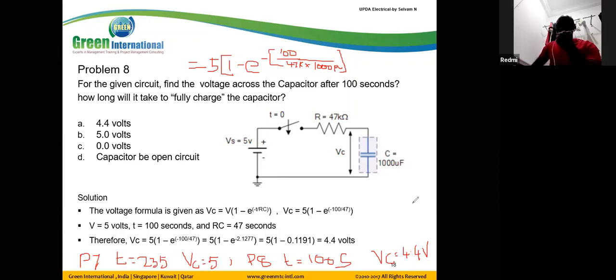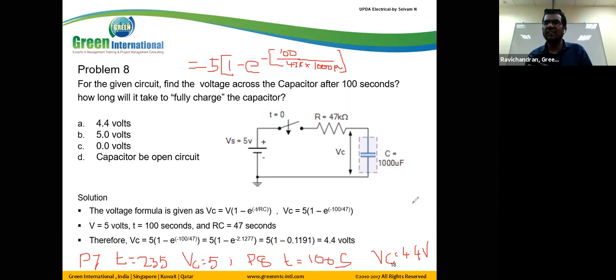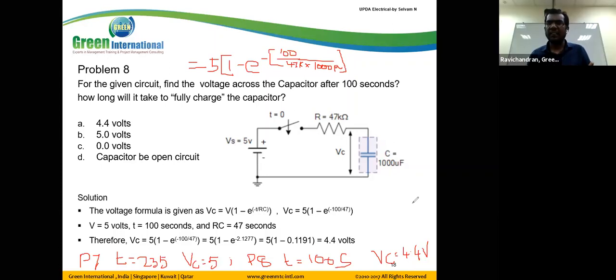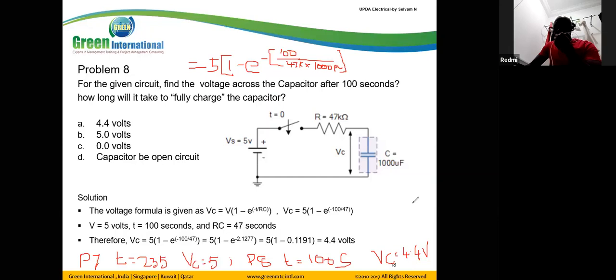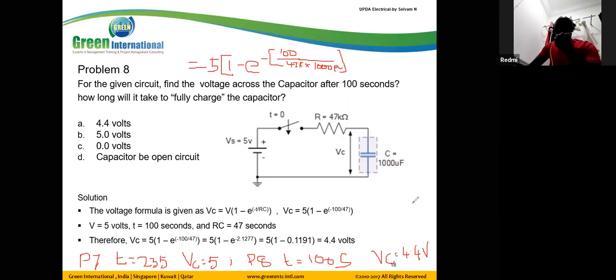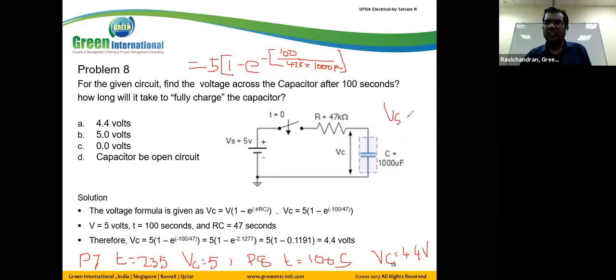One is charging, another is discharging. Now we are discussing the charging current, not the discharging current. I think you are confusing it with the discharging. Discharging is Vs into e to the power of minus T by RC. This is for the discharging current.